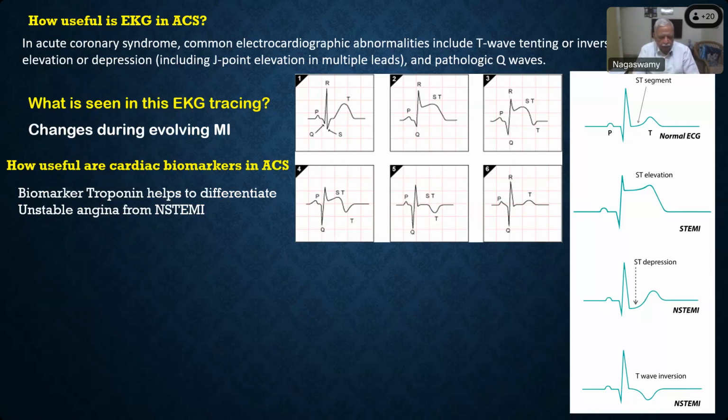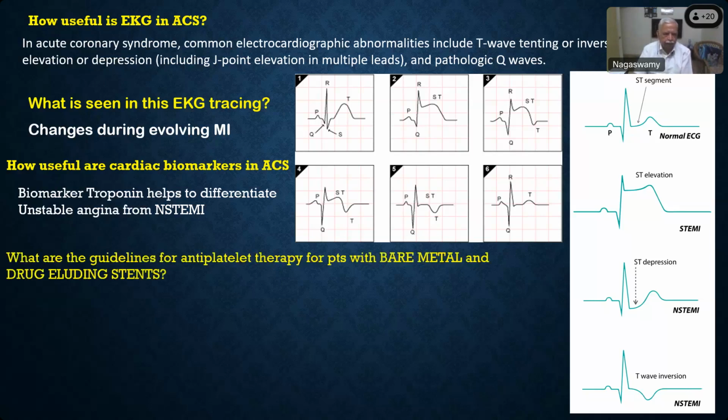Sometimes you may find that it gets elevated a little late. So just like serial ECG in the olden days, nowadays they say serial biomarkers are indicated if the patient is clinically having symptoms of MI or ischemia. Even if the first test shows a normal result, you have to repeat it and confirm there is no elevation to rule out any ongoing ischemia.